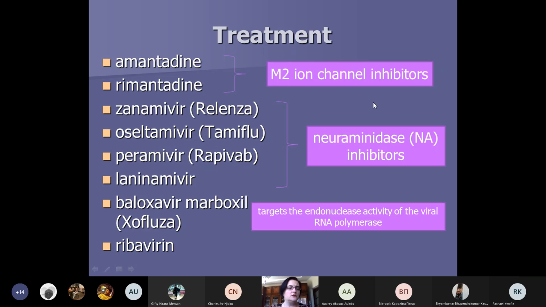Baloxavir marboxil is a notable exception which targets the endonuclease activity of the viral RNA polymerase and can be used as an alternative to neuraminidase and matrix 2 inhibitors for influenza A and B viruses.